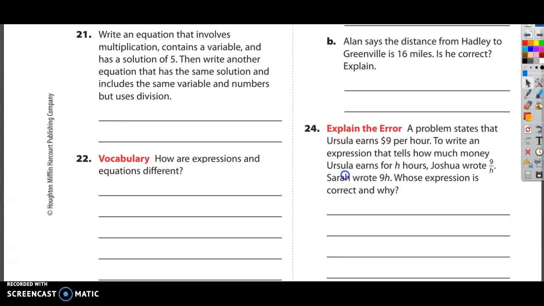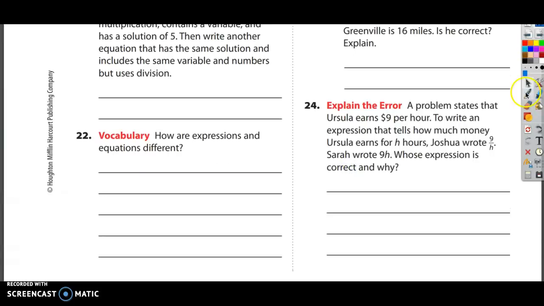We're on number 22. How are expressions and equations different? Real simple. Equations have an equal sign. And I'm going to put an example too. So I'm going to do an expression on the left and an equation on the right.